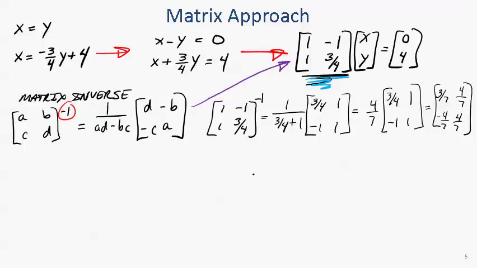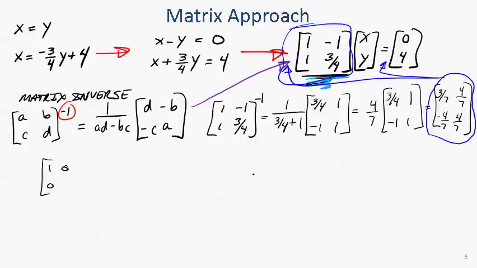So we're going to multiply it here, and we're going to multiply it in front here. When we multiply it out front here, this will become the identity: 1, 0, 0, 1.